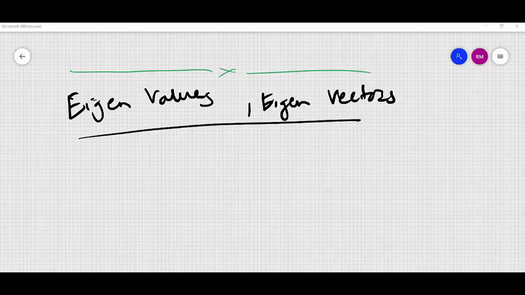Eigen is a German word, and the meaning of this word is proper or characteristic. In an exam, a question may be asked to find the eigenvalues and the eigenvectors.